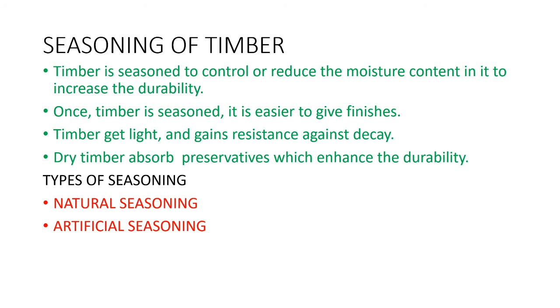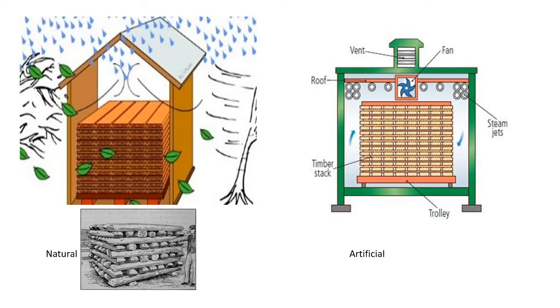There are different methods of seasoning. One is natural seasoning and another is artificial seasoning. In natural seasoning, the timbers are stacked and air is allowed to travel through the gaps.